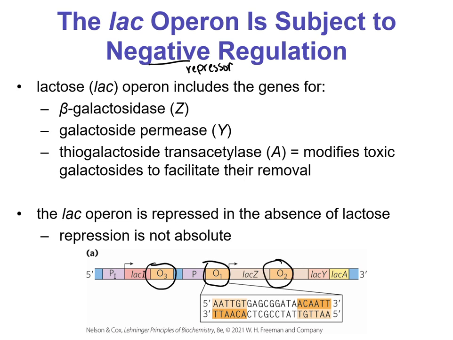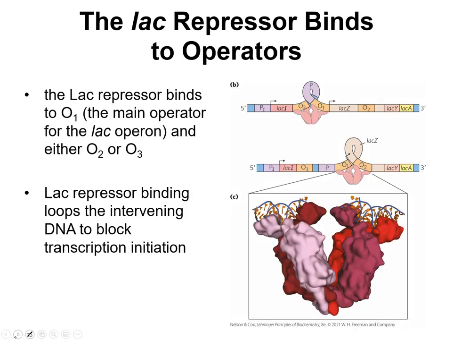They're not exactly right next to each other. But what's in between them is this promoter region or part of the actual lacZ gene, which is lacZ encodes for beta-galactosidase. Now we're going to jump forward and look at what it looks like when the DNA is looped. O1 and O3 in this case are close to each other, and that promoter region is looped and inaccessible.